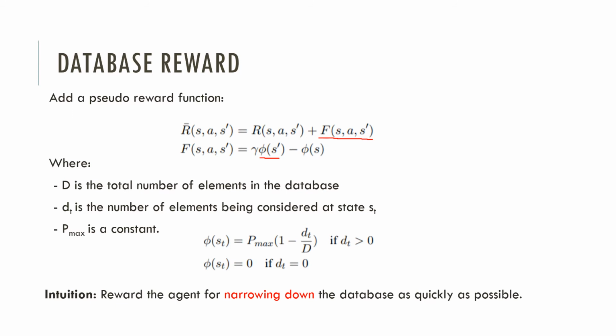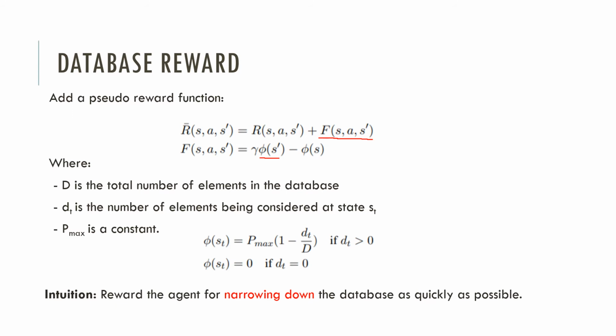Well, it consists of a couple of variables. Firstly, the total number of elements in the database given by big D. Then small dt is the number of elements being considered at state st. And Pmax is a constant that we choose beforehand. The authors choose 2. And the reason it's called Pmax is because it's the maximum value of the potential function.